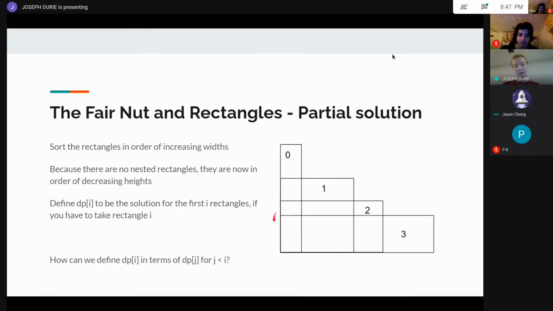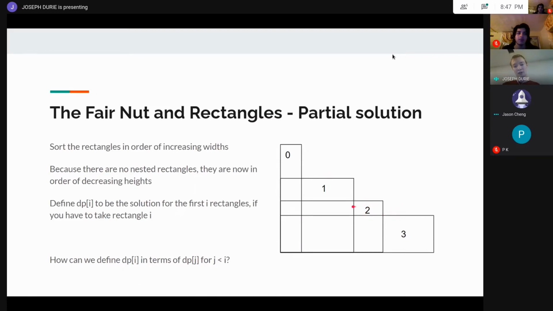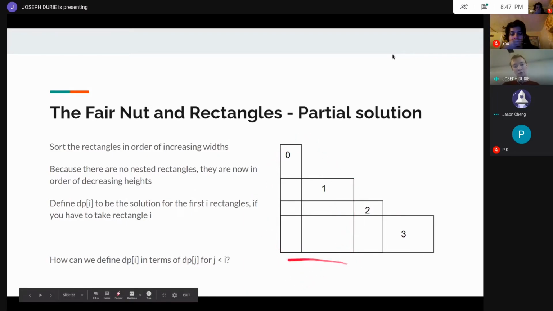So if we're looking at 2 versus 1, the intersection of 2 with any of the rectangles 1 or below is just the height of 2 times the width of 1. That's the area we have to subtract out from the whole area of 2. And then we also have to subtract a2, because we want to subtract the a values.